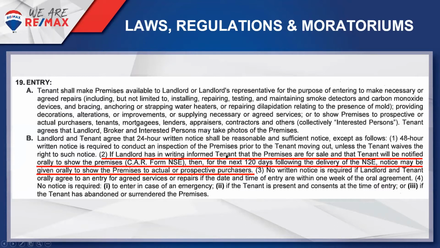If the tenant has been given written notice in the form of an NSE, notice of sale and entry, for the next 120 days following the delivery, then the notice to the tenant may be oral to access the property, to show it to actual or prospective purchasers.